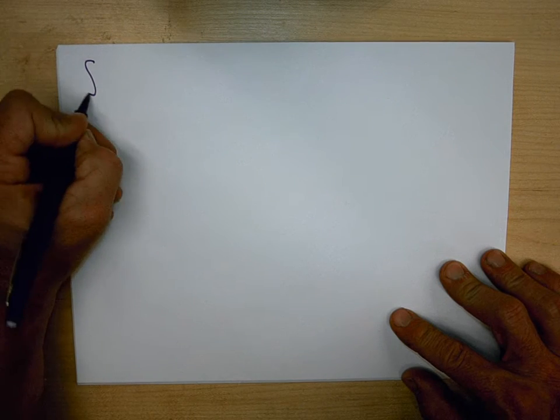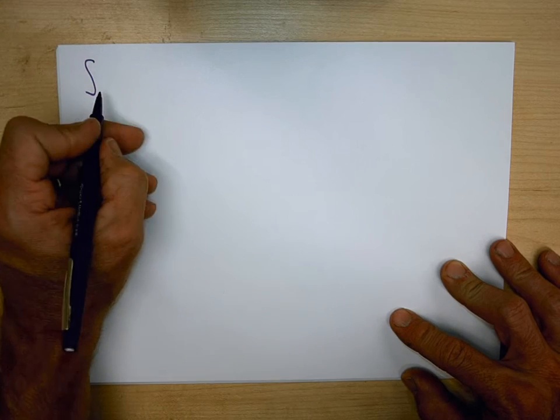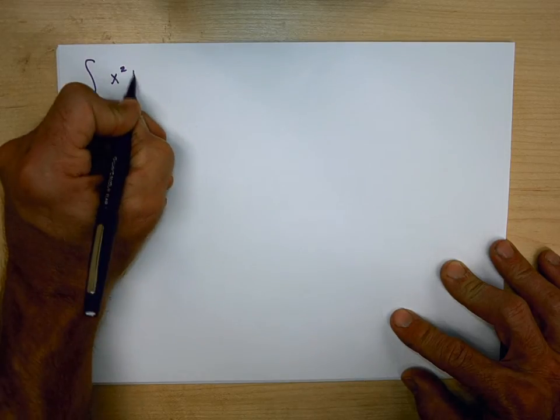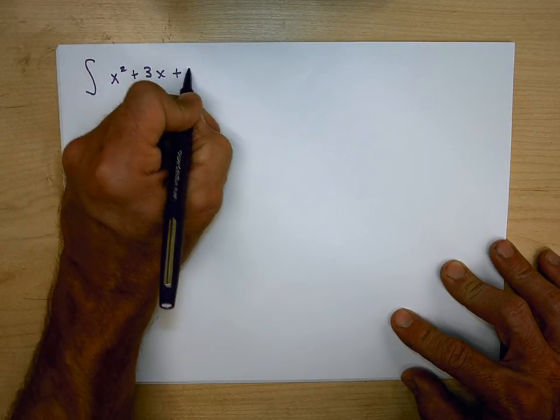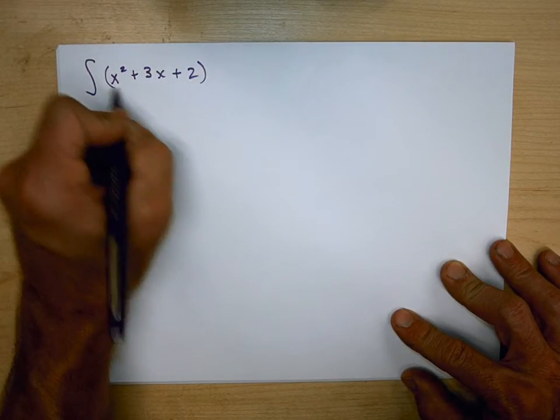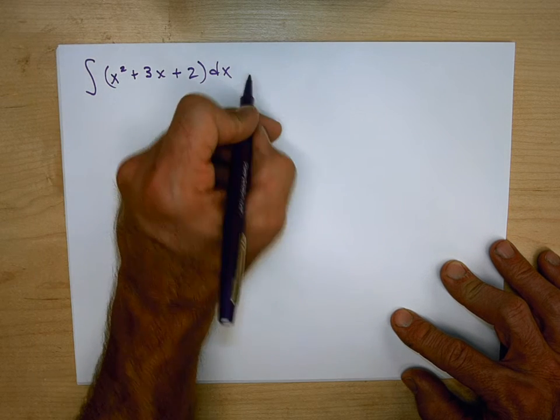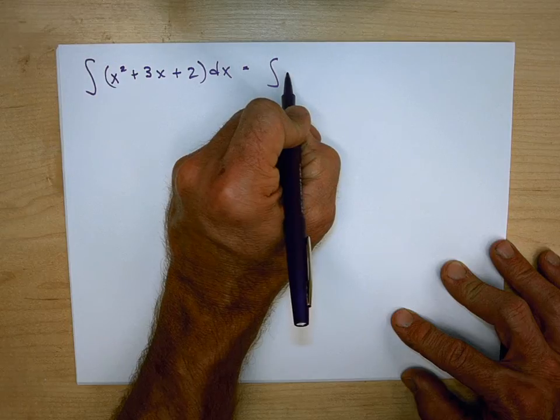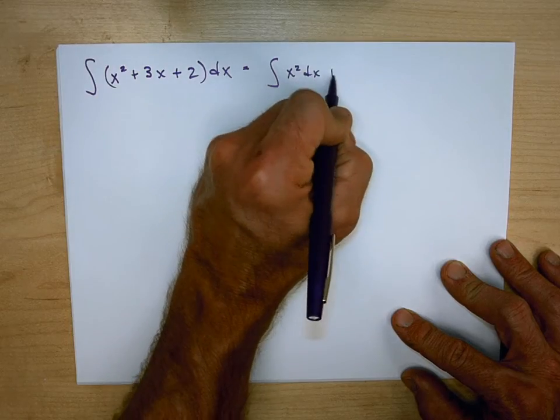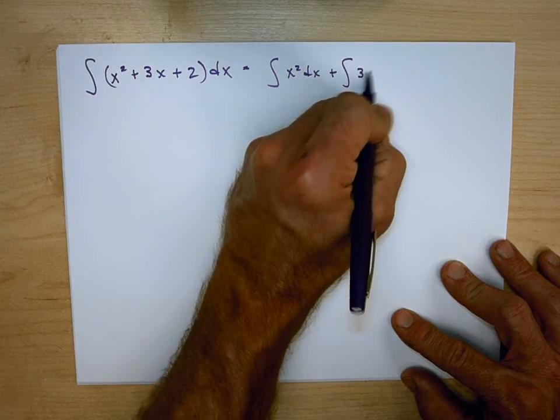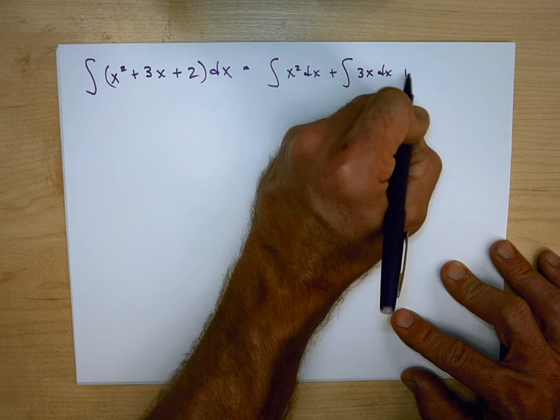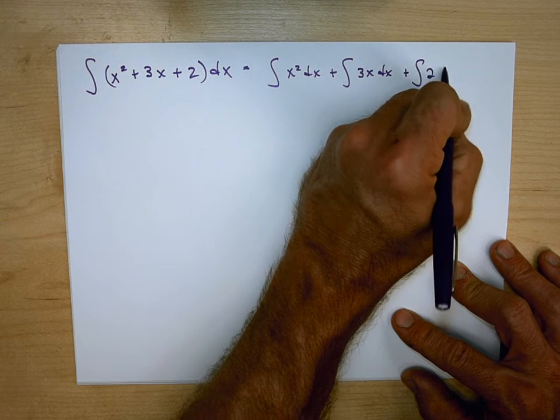Okay, let's look at something like the indefinite integral of x squared plus 3x plus 2. All right. Well, just like derivatives, we can find this just by doing them separately. I can take the antiderivative of x squared plus the antiderivative of 3x plus the antiderivative of 2 dx.